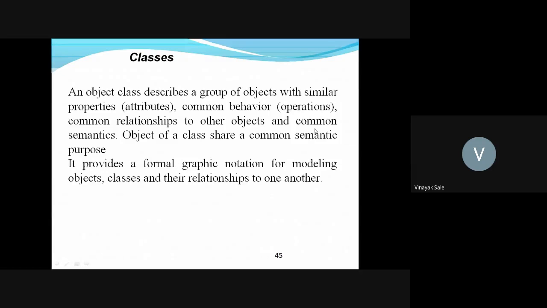Then class. An object class describes a group of objects with similar properties, common behaviors, common relationships to other objects, and common semantics. Objects of a class share a common semantic purpose. It provides a formal graphic notation for modeling object classes and their relationships to one another.